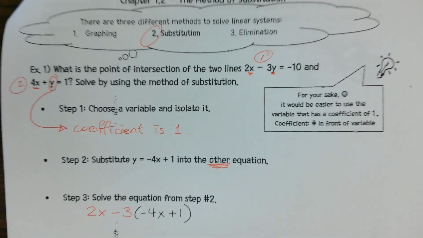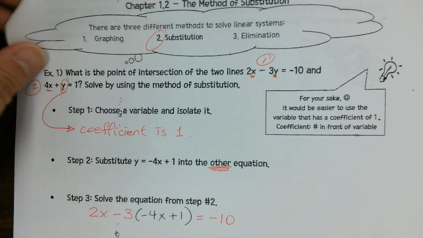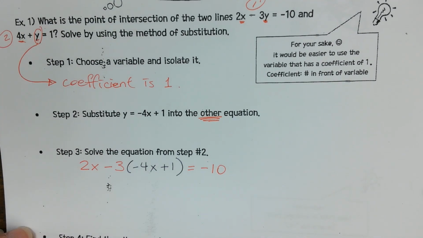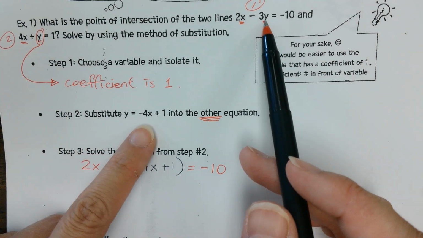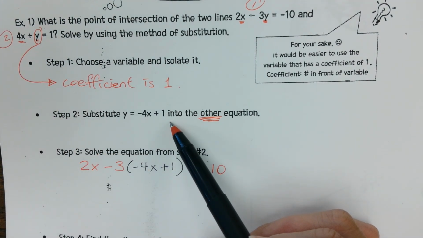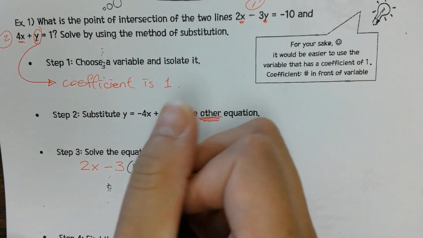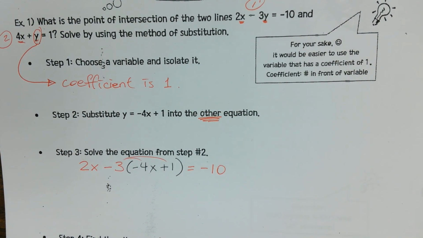Don't forget, whenever you substitute, you have to put it in brackets. Okay, so that's what I have right here. I replace the y with this equation because I isolated it. Don't forget the brackets because now you have to do the distributive property.